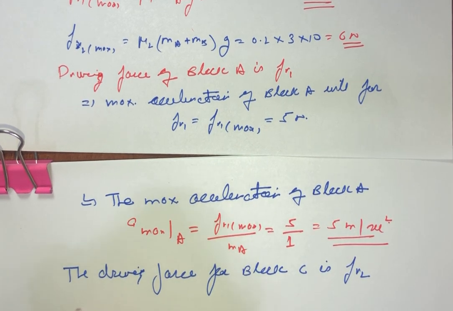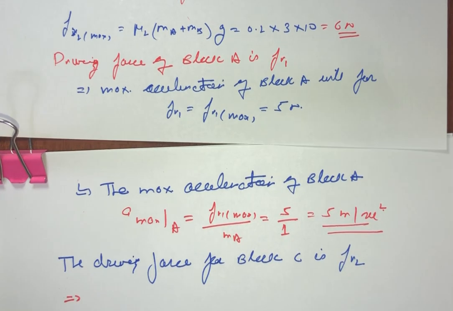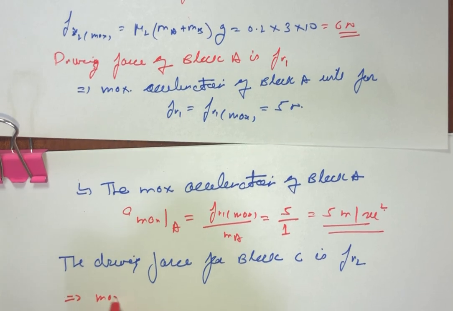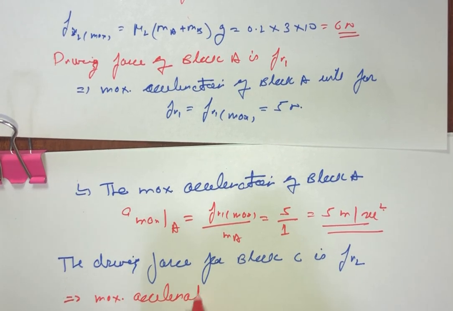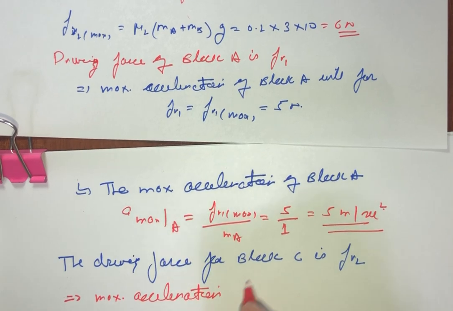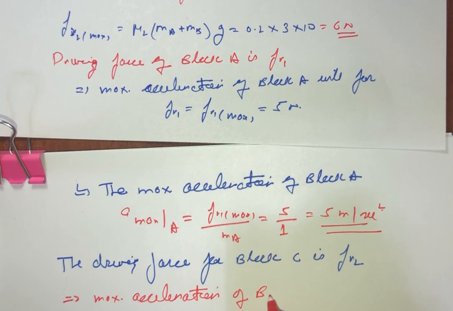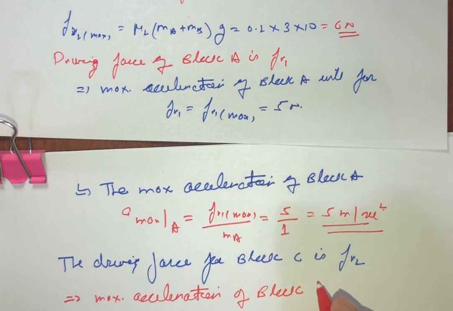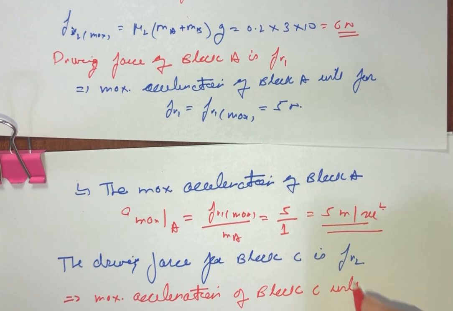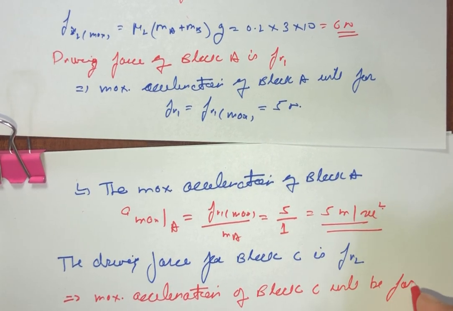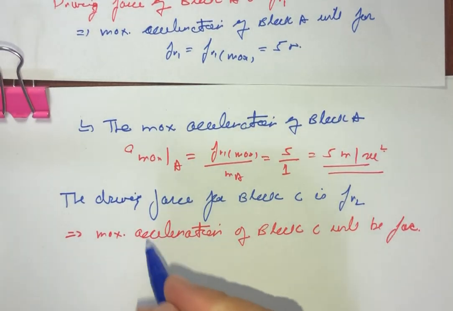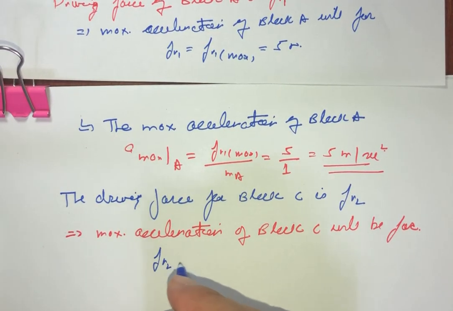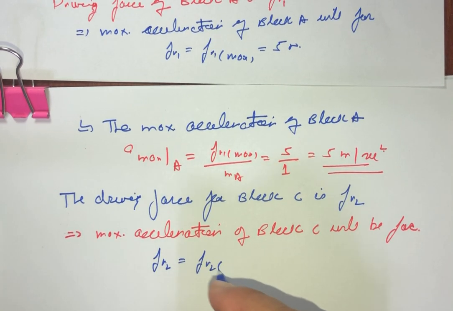So the maximum acceleration of block C will be for Fr2 equal to Fr2 max.